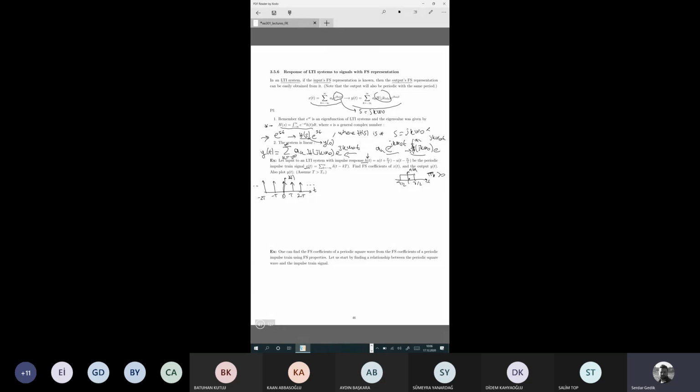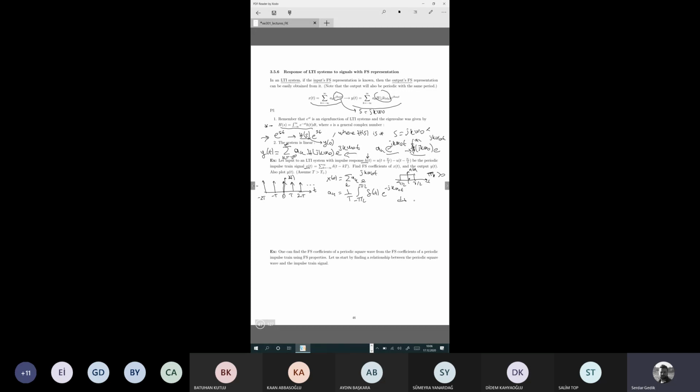First, I will write this x(t) in the Fourier series expansion. This is the beginning of everything: the sum of a_k e^{jkω0t}. I know that a_k is simply 1 over T, integral from minus T over 2 up to T over 2 of x(t), which is δ(t), times e^{-jkω0t} dt.